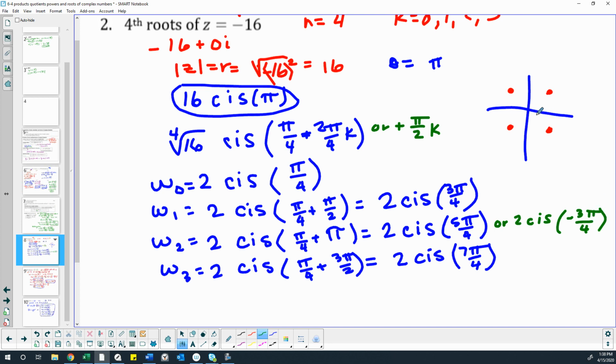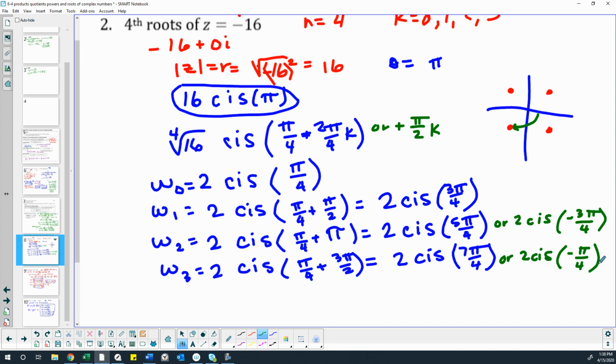And then we would have pi fourths plus 3 for k times pi halves, so 3 pi halves, which gives us 7 pi fourths, which we can change to an angle between negative pi and pi as negative pi fourths.